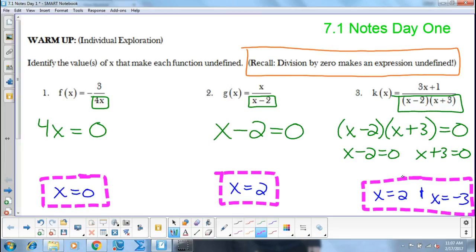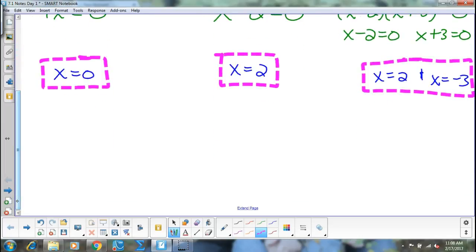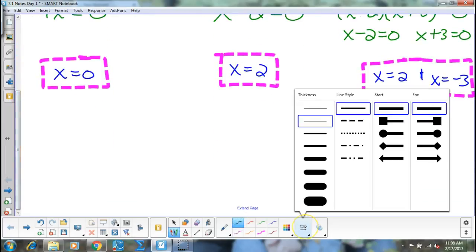So what we're dealing with in this unit is something called rational functions. These were 3 examples of rational functions.